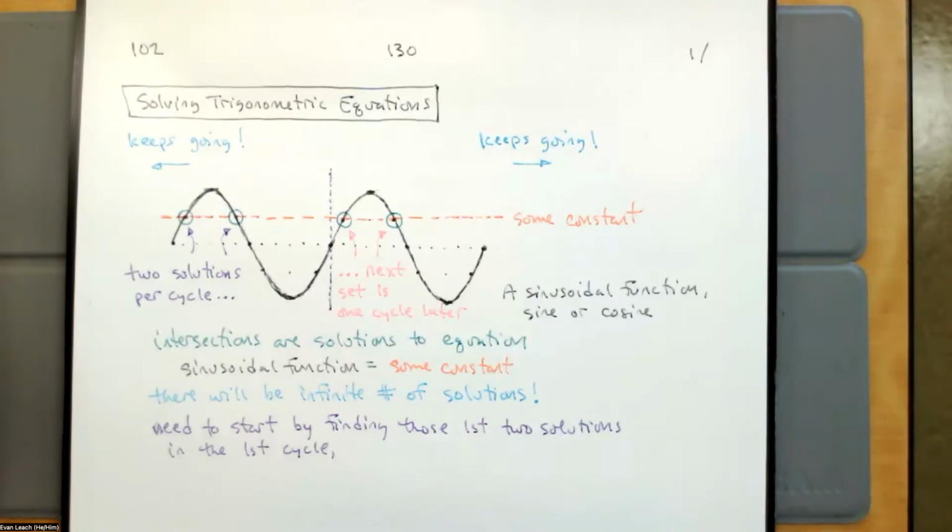So we need to start by finding those first 2 solutions in the first cycle. Then we just add multiples of the period to find the rest of the solutions.